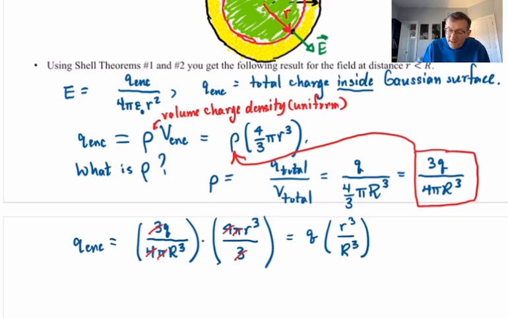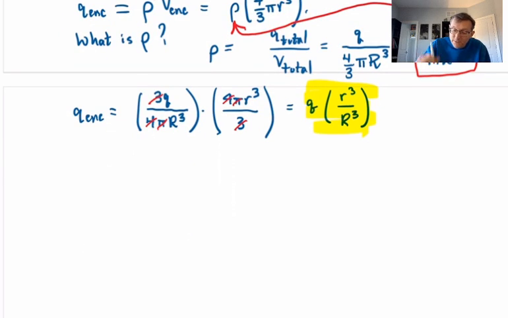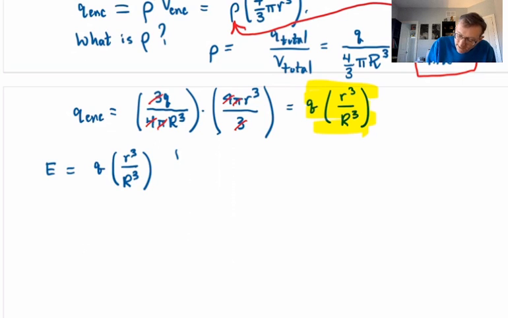And now I put that expression for the Q enclosed right in there in the E formula, and I will have the formula that will then give me the electric field magnitude at any point in the interior of the solid sphere. Let's see what we get. E equals Q enclosed, q times little r cubed over big R cubed, times 1 over 4 pi epsilon 0 little r squared.